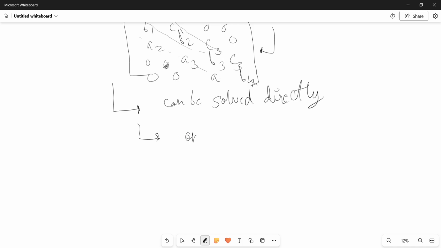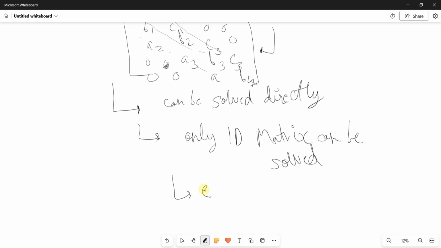Only a 1D matrix can be solved, and most of what we encounter now is 3D or more. So that's why we don't use this method much anymore. I mean, it's still a very fast and convenient way. From now we'll be going on to the more useful ones.